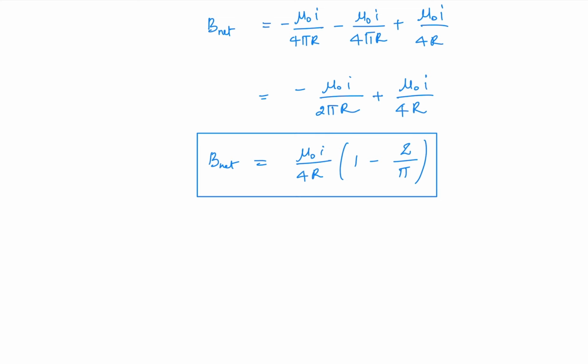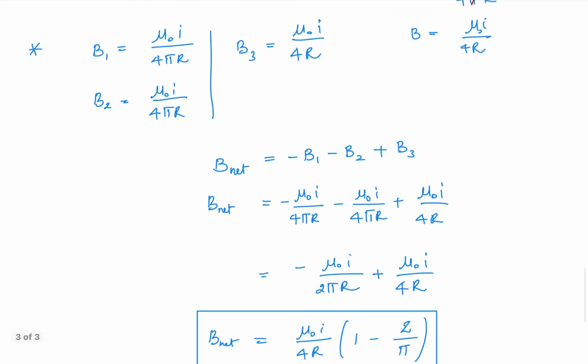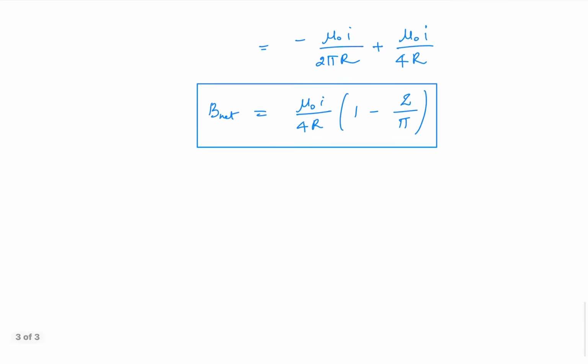It will be directed along the direction of whichever magnitude is greater. The magnitude mu naught I by 4r is greater than the other two magnitudes, B1 and B2, so this will be pointed away from the page.